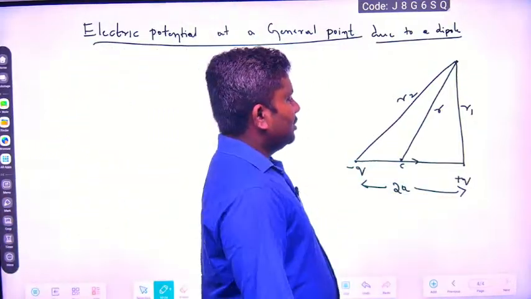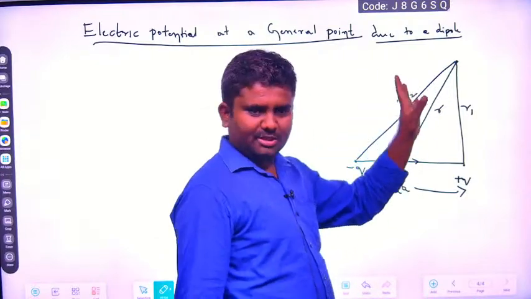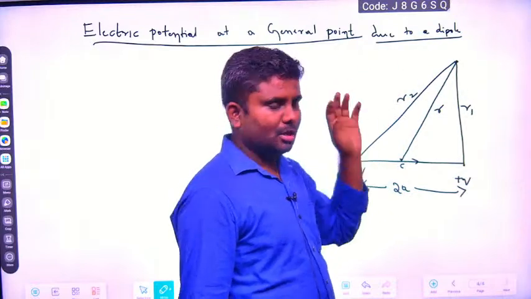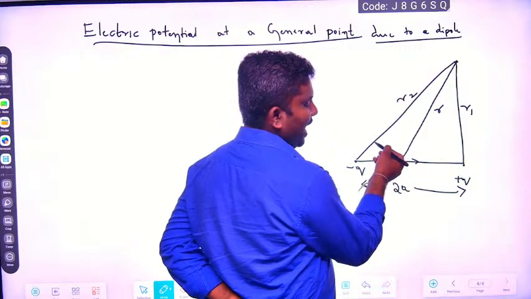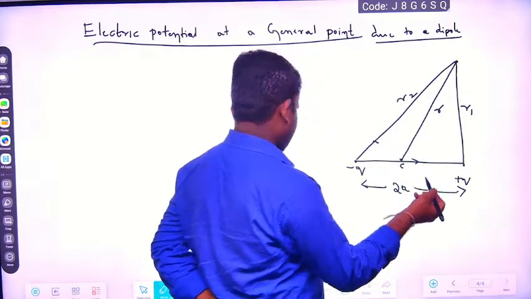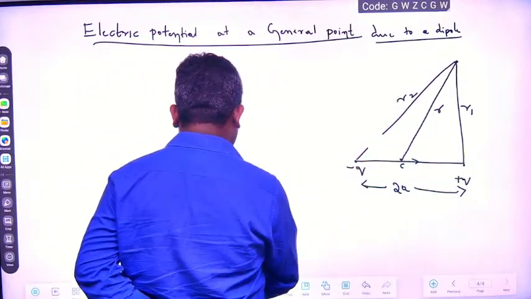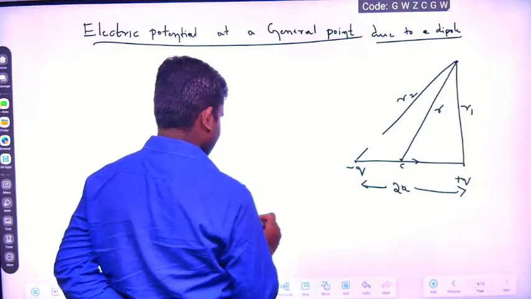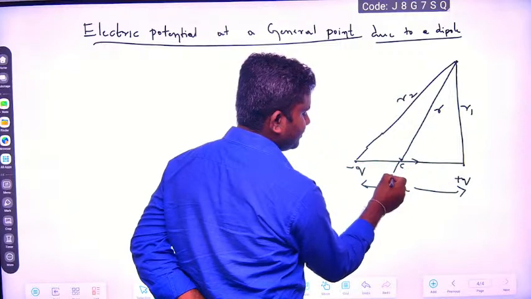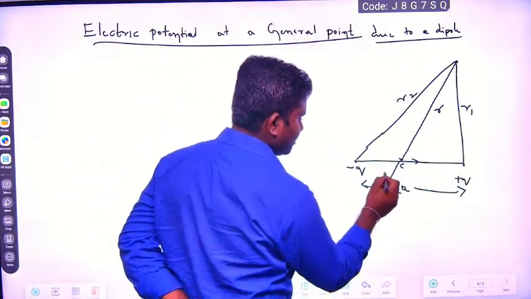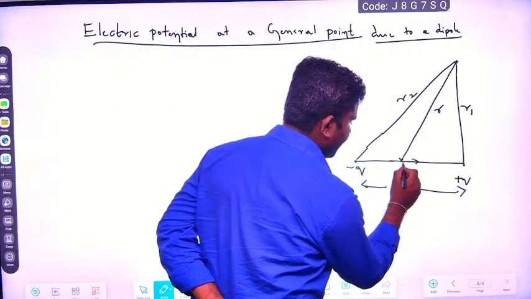Now I need to find the electric potential due to these two charges at one general point. What I will do is take one parallel line. Instead of that, you can redraw this, you can extend this line. Yeah, this is the center.